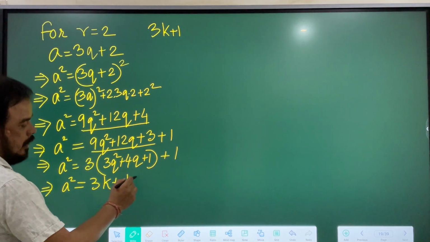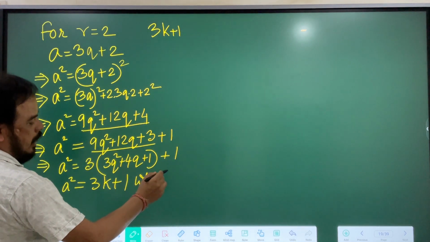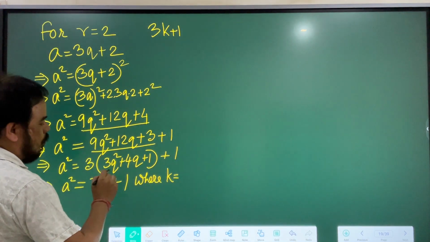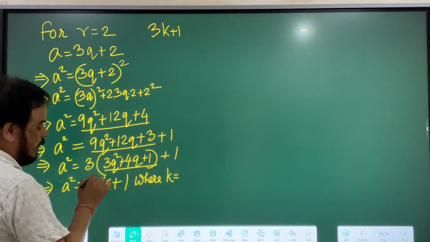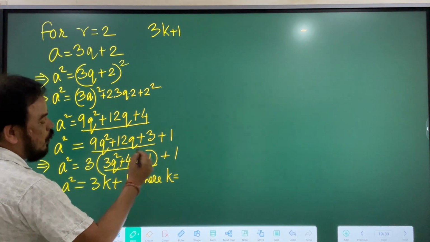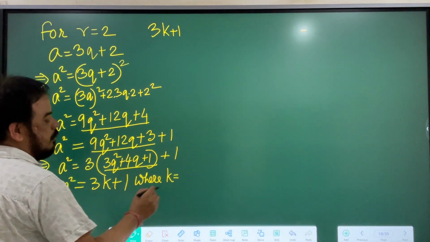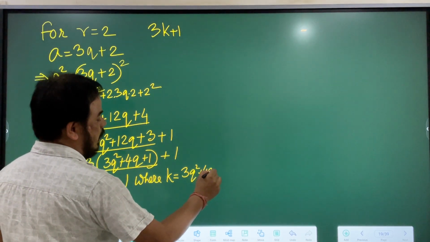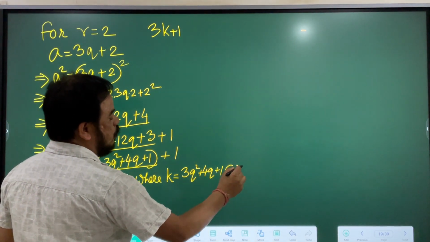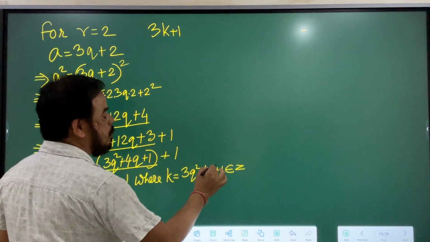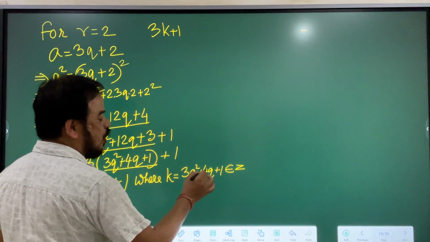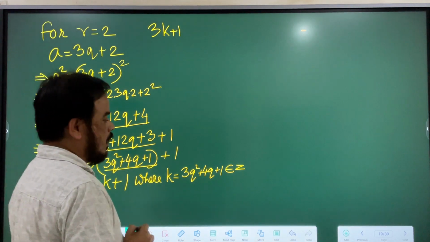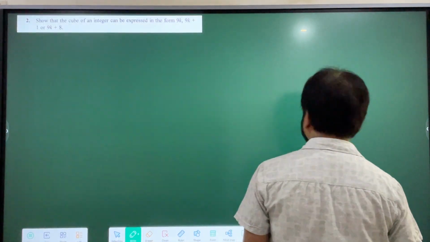Very easy sum. Where k is whatever you have written, just the same value you have to put here. So this is not complicated. This whole term belongs to Z. Why? Because q is present. So this number 1 is finished.